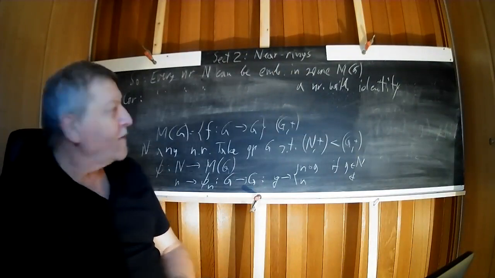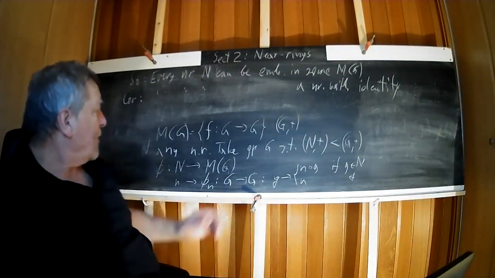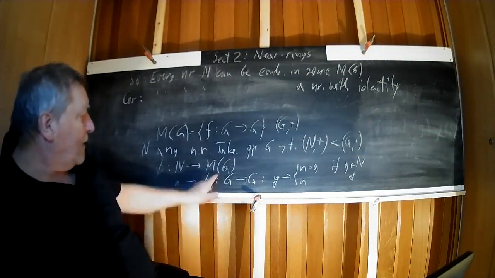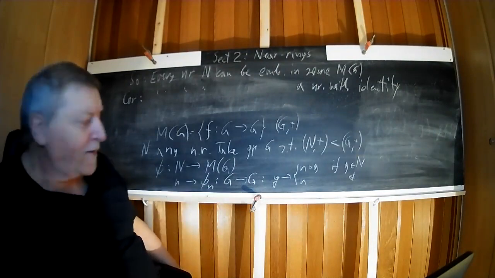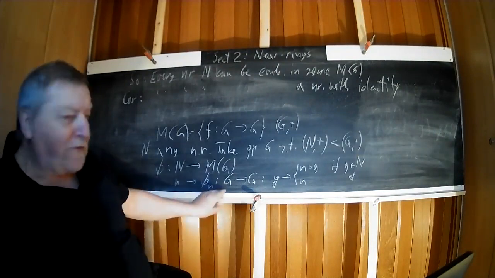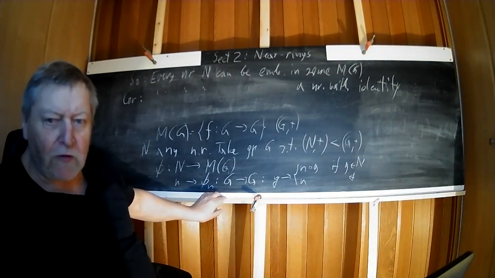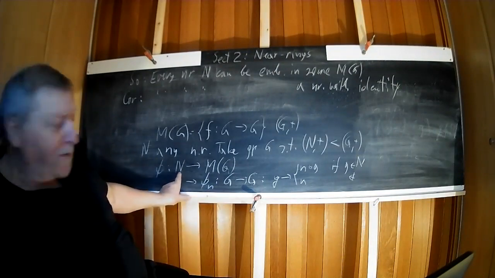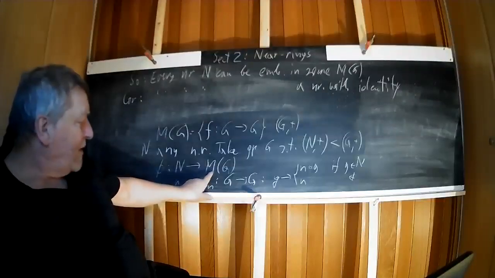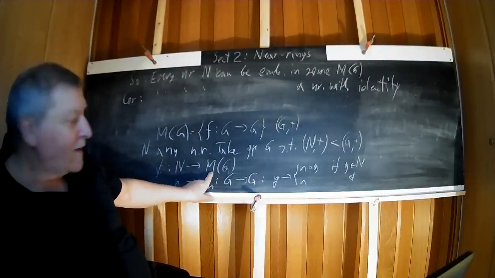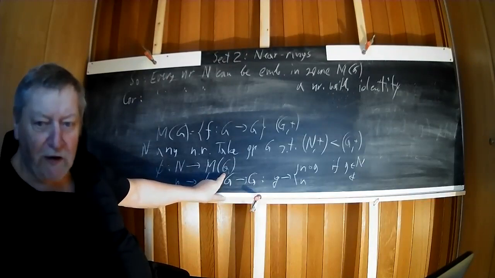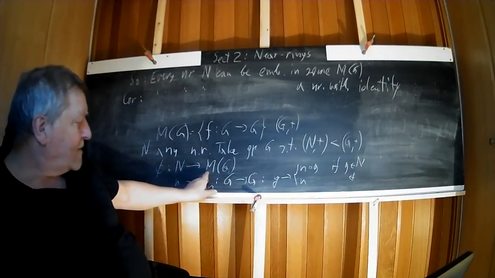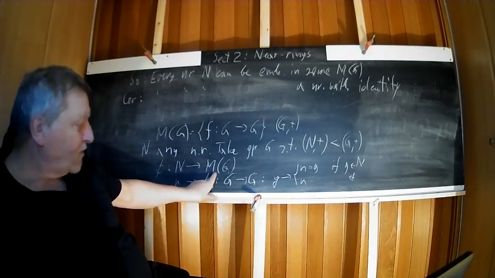Now observe the proof of this result, that every nearing can be embedded into some M of G, is different from the corresponding proof for rings. For rings, it says every ring can be embedded into the endomorphism ring of some group G. And here you see again, in the ring case, we have endomorphisms here.